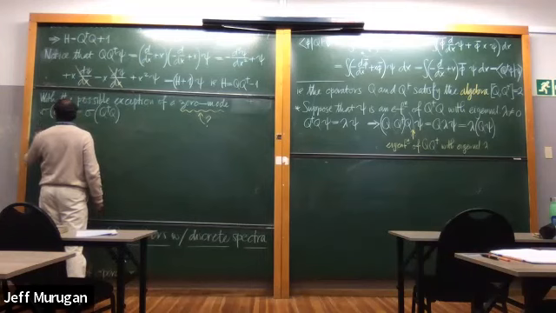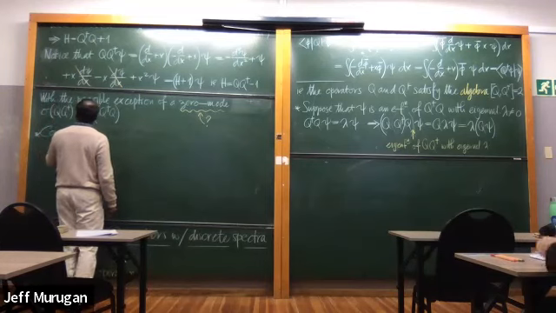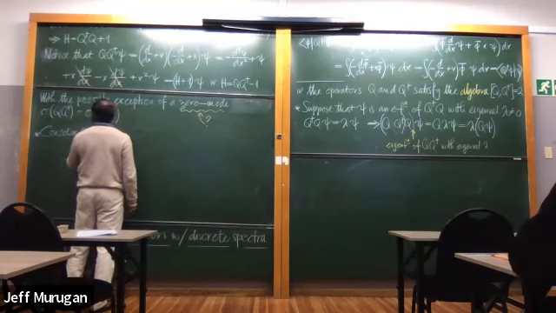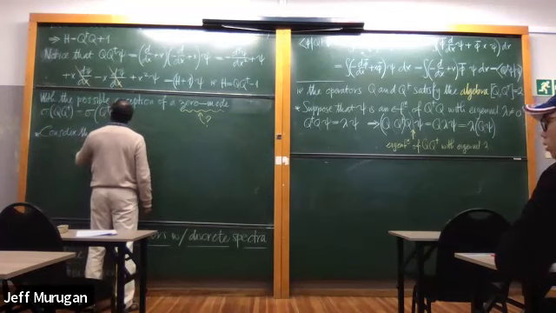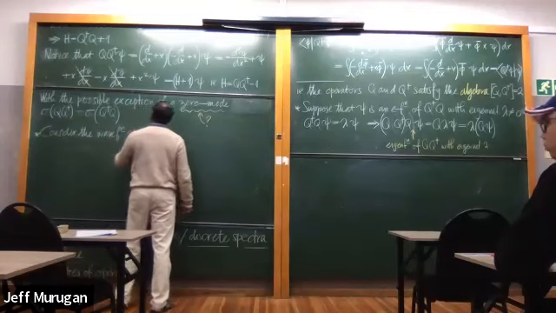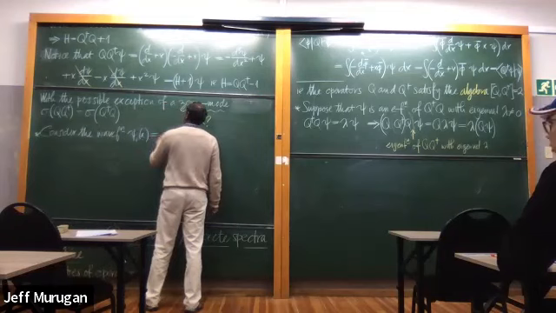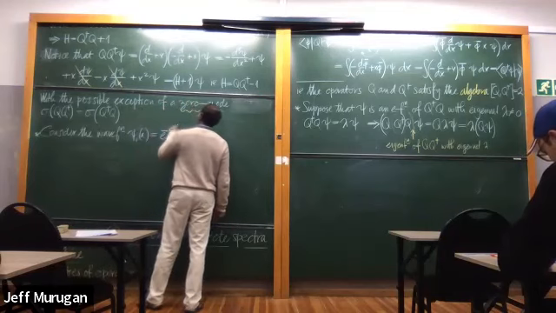So consider the function, let's call it the wave function, psi naught of x equal to e to the minus x squared over 2.